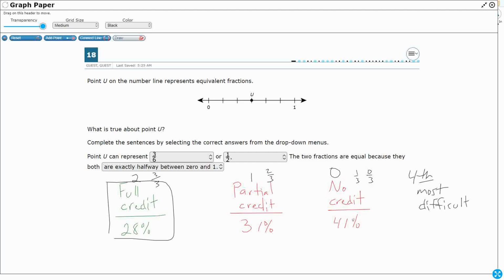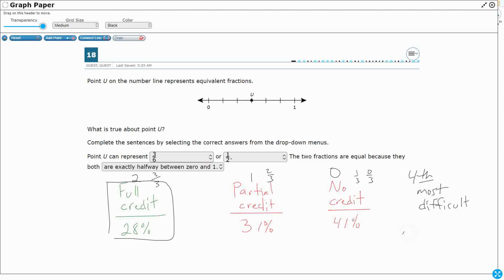So this was difficult for many reasons. Number one, this is a new item type, so we had the multiple select. As you saw, it was kind of difficult to navigate between the graph paper and then being able to access the actual drop downs. And so students might not have known, or just might have tired of toggling back, so they just tried to eyeball it, and that's always a dangerous thing.